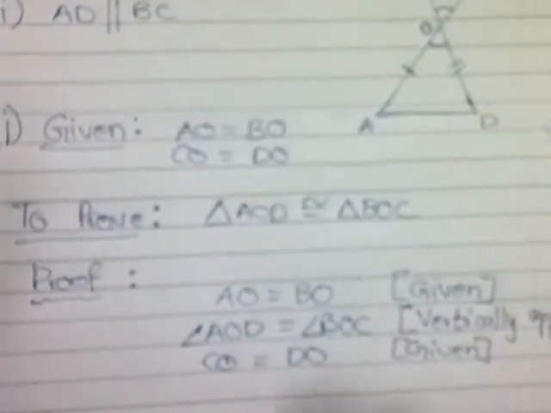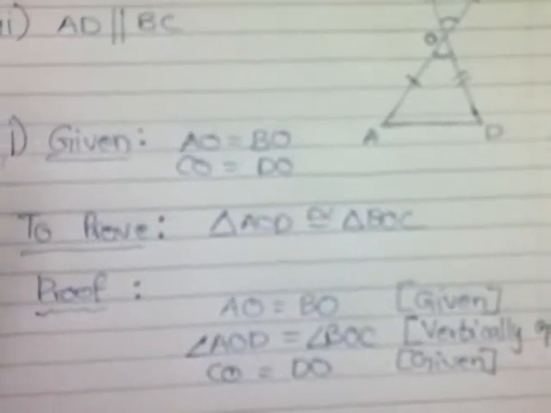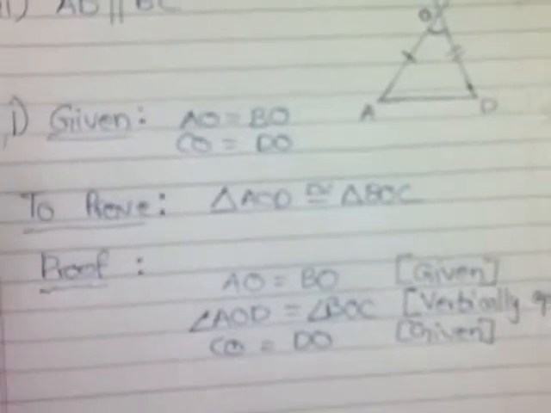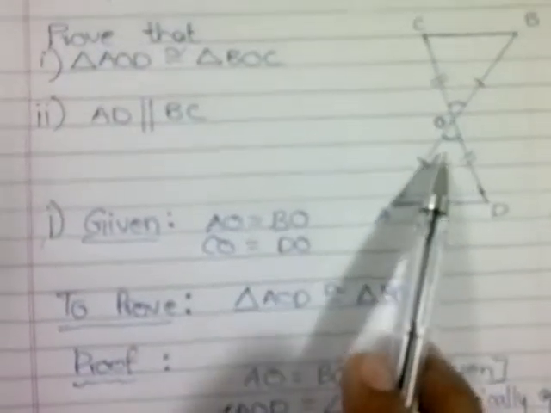Now you have enough things to use the SAS criterion. Just three things are required to prove that any two triangles are congruent. You have the two sides and the angle included between them.